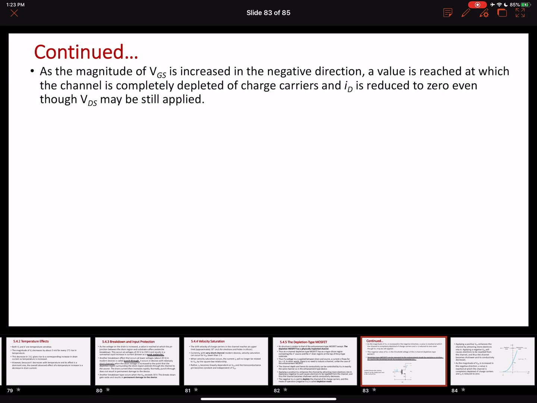Now we reverse the polarity of the VGS and start to decrease its voltage values. So we have a negative voltage at the gate terminal. When there is a negative voltage at the gate terminal, it will start to repel all the electrons in the channel. So the conductivity will start to decrease and the current will start to decrease. A time will come when the channel is completely depleted of all the electrons and the current will become zero. That voltage, by the way, is known as the threshold voltage for this depletion type MOSFET.